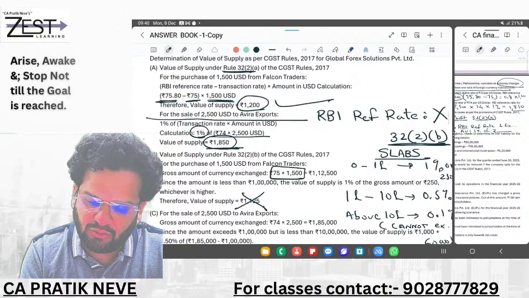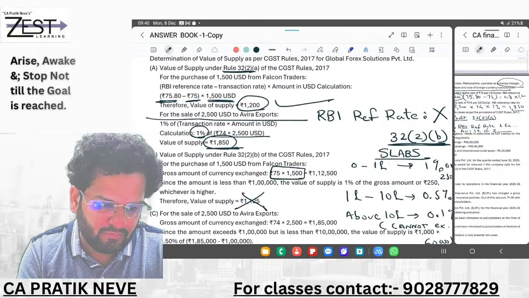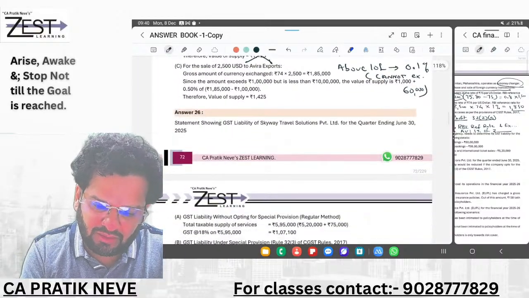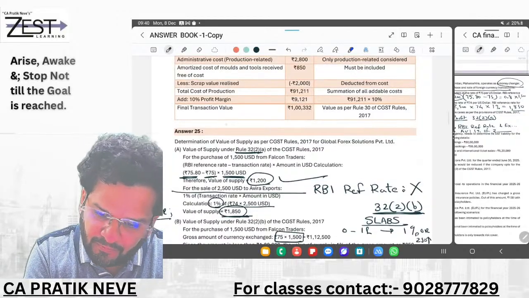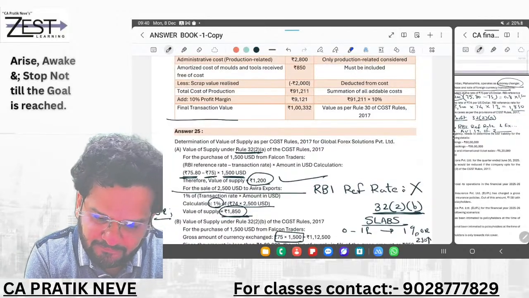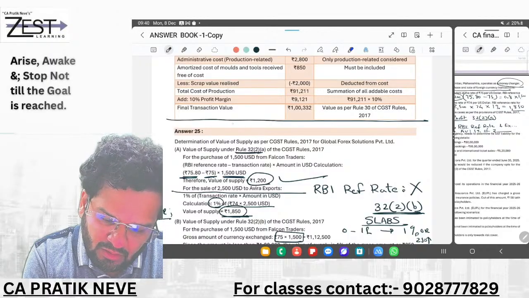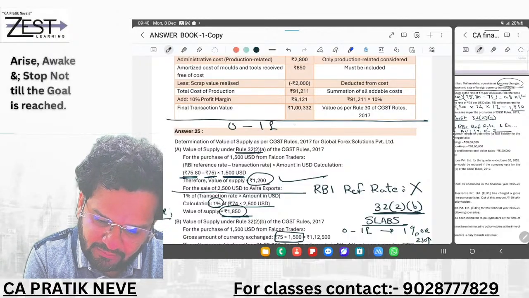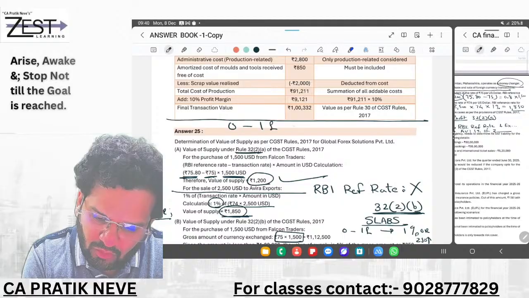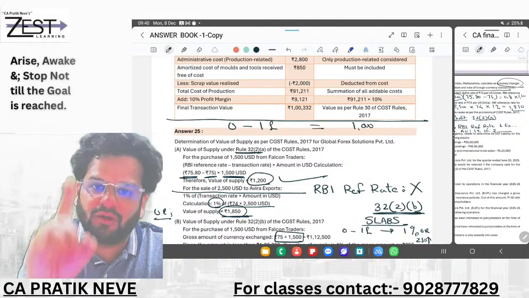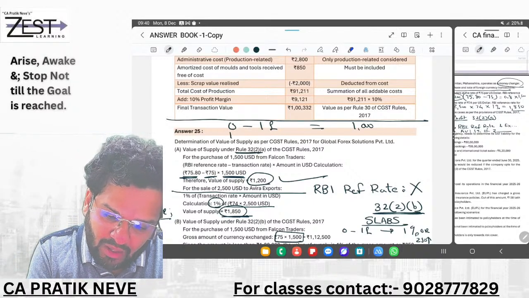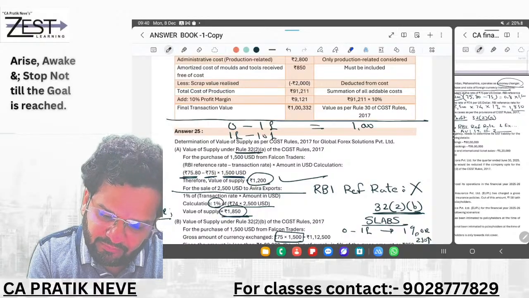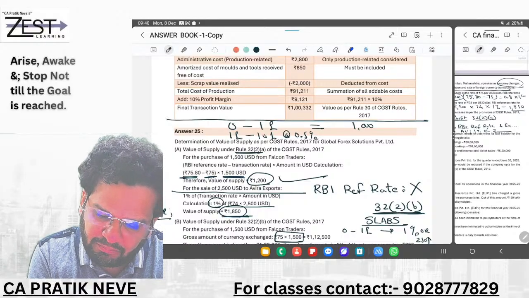So let me explain. 0 to 1 lakh will be 1,000 rupees because it is 1% of 1 lakh, and 1 lakh to 10 lakh is at 0.5%.